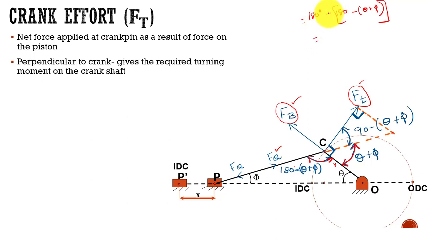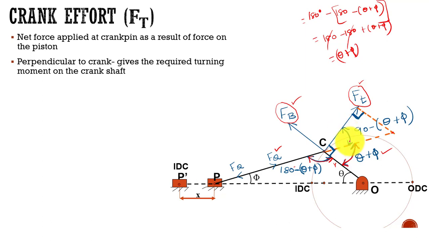If you bring this minus inside, you get minus 180 and minus minus (theta plus phi), and finally I will get an angle of theta plus phi. So this is the angle theta plus phi. And my final calculation is, here I need to know this angle.